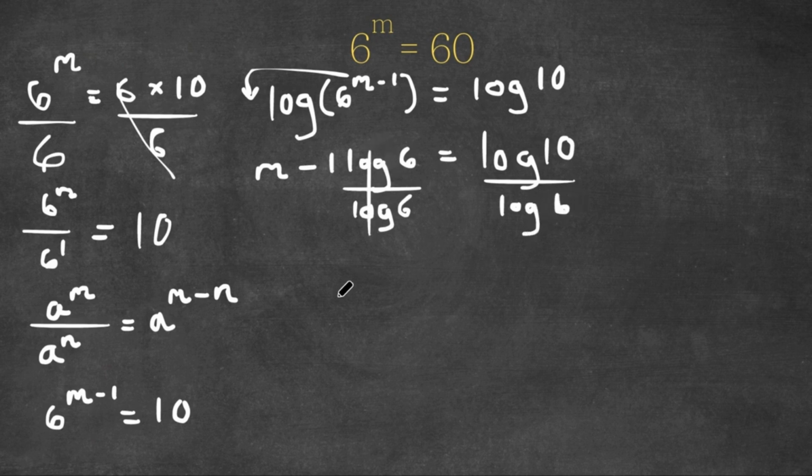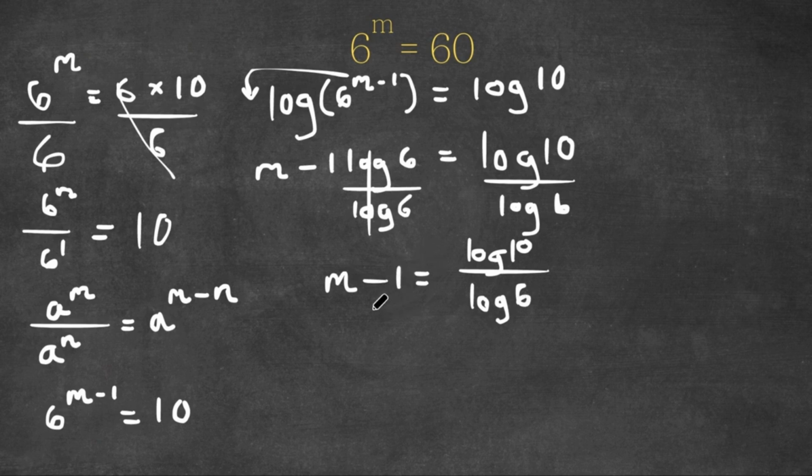So now these two cancel out, and we are left with m minus 1 is equal to log 10 over log 6.